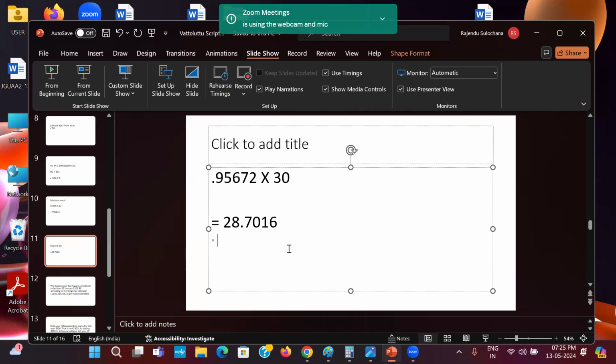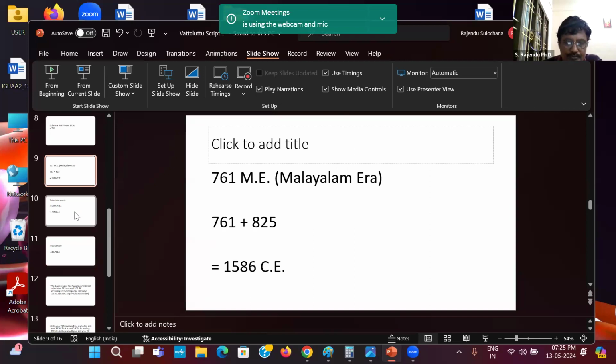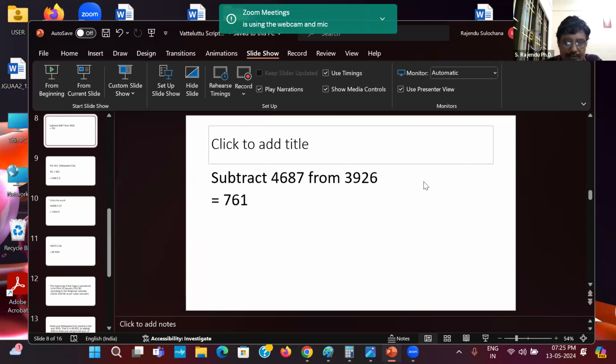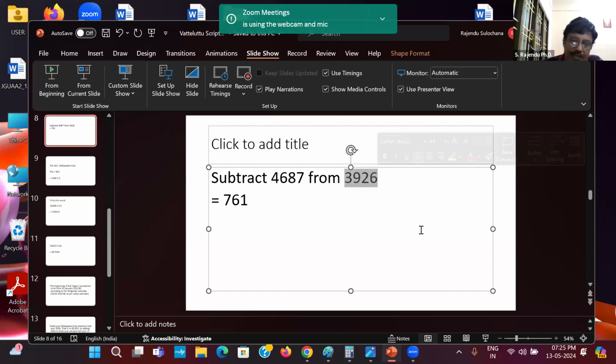Actually, the first one, 1712210, is the Kalidinam. That is Kalidinam, the number of days from 3926. We subtract it from 3926. That is the year Lord Krishna was killed by a hunter, by his arrow.